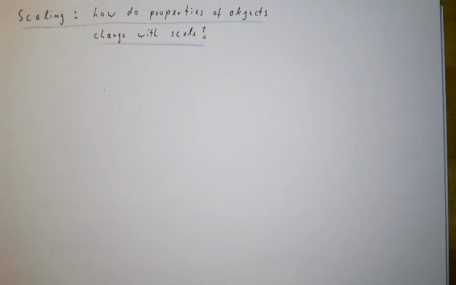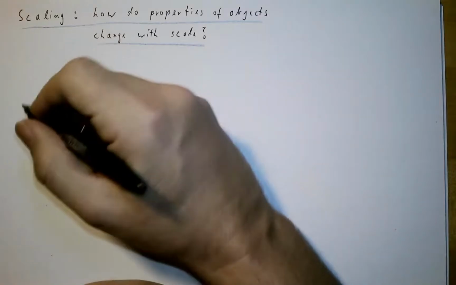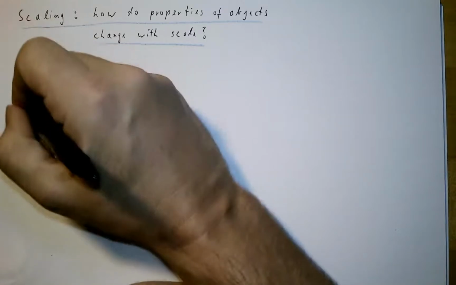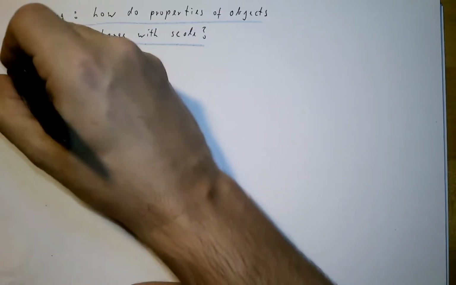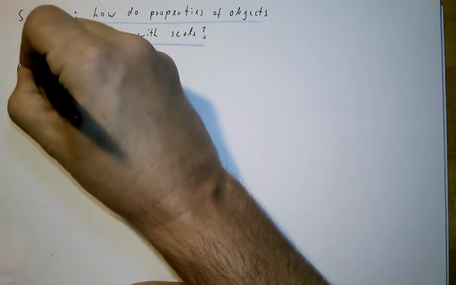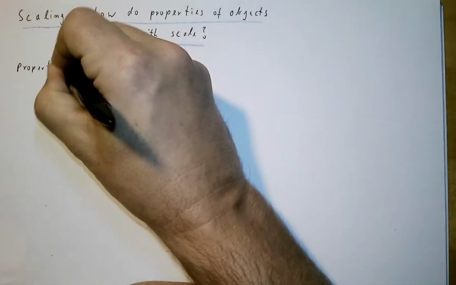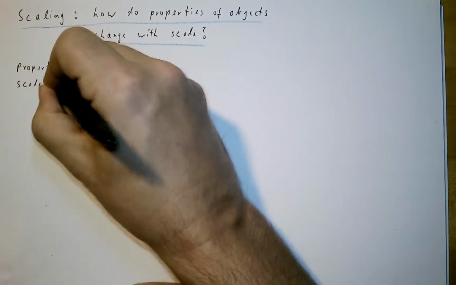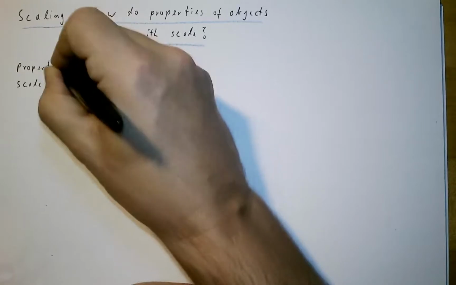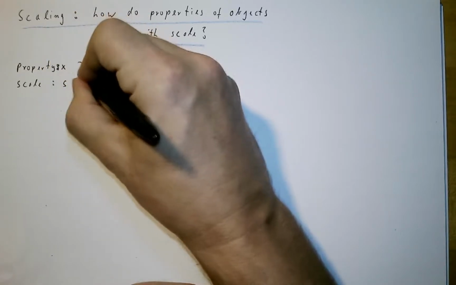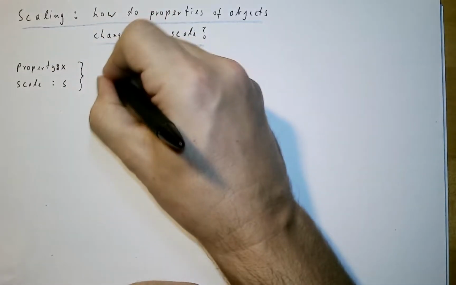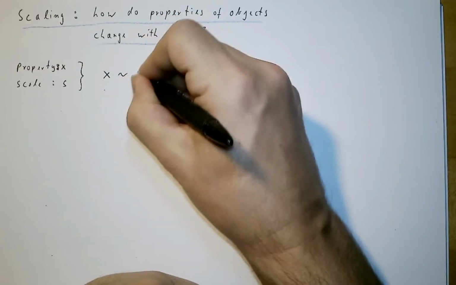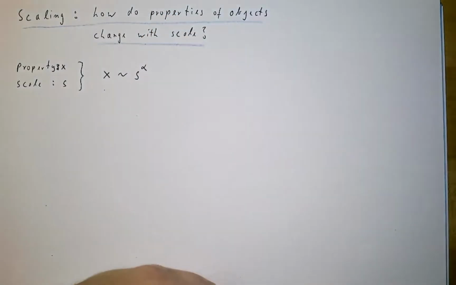So in many objects the properties change as a power law with the scale. So if you have a property x and a scale s, very often, for many cases, we see that the properties of an object go with the scale to an exponent alpha.